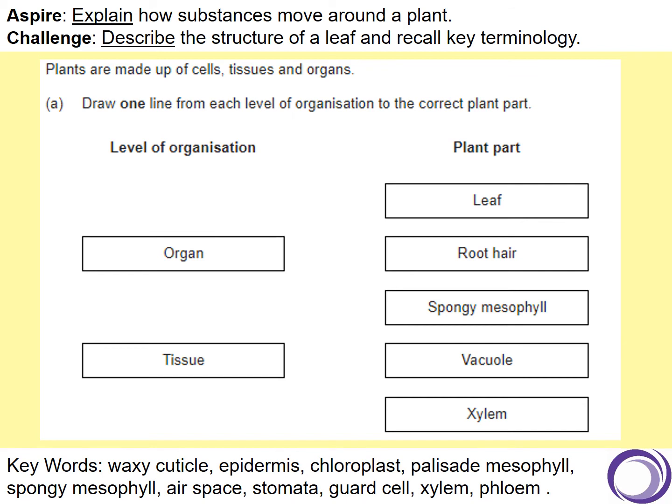Now it says draw one line from each organisation. So you're going to draw one line from the organ to one of those parts, and then one line from tissue to one of those parts. Okay, so organ, where would you put it? Tissue, where would you put it? Here's your answers. The organ was a leaf and the tissue was a spongy mesophyll.